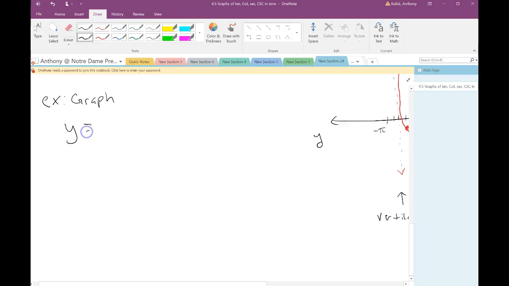So let's say y equals, somebody give me a number they like. 3. And then what do you think, secant or cosecant? All right. And then somebody give me another number they like. That's too big. 1 sounds good to me.